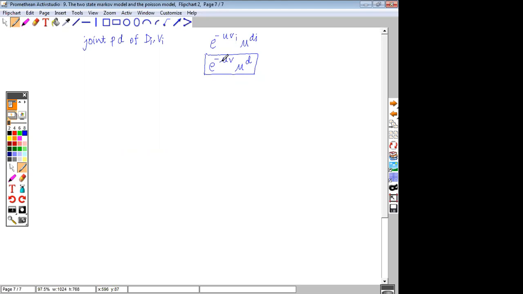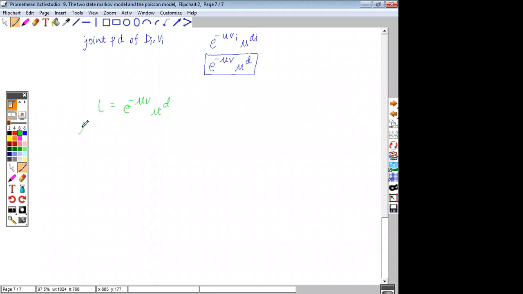It's fairly straightforward. If I define the likelihood function, it will just be e raised to minus mu v and mu raised to small d. So I have mu raised to d, right?